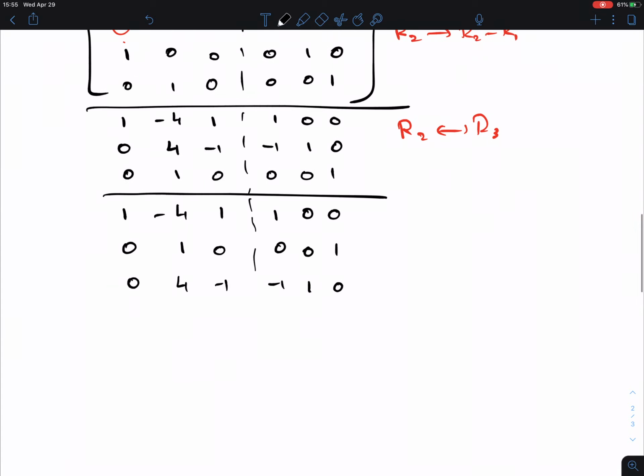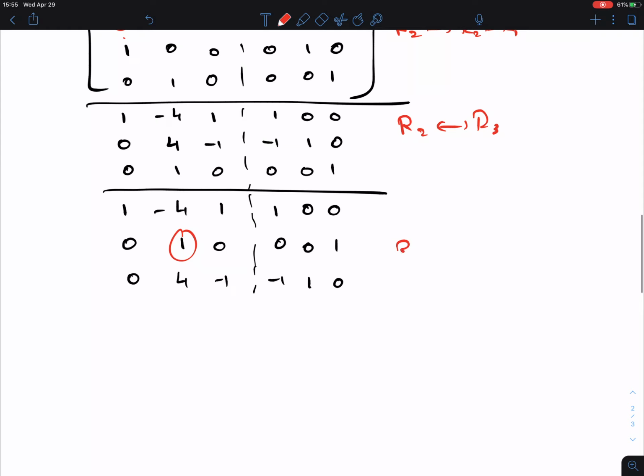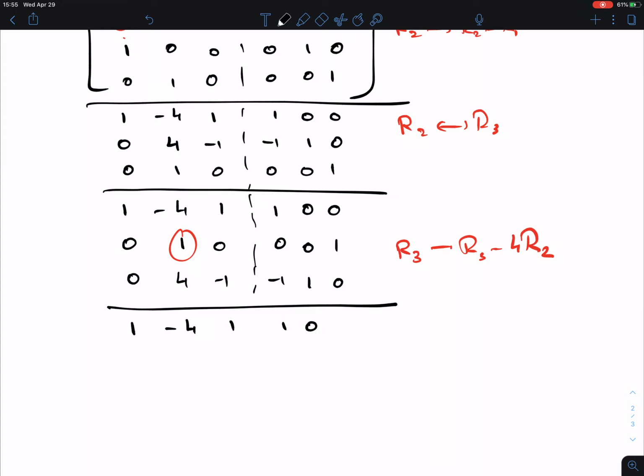Okay, but this is obviously much better, because now I'm using this pivot to get a 0 for the 4 below, so row 3 minus 4 times row 2. 1, 1, -4, 1, 1, 0, 0, 0, 1, 0, 0, 0, 1.